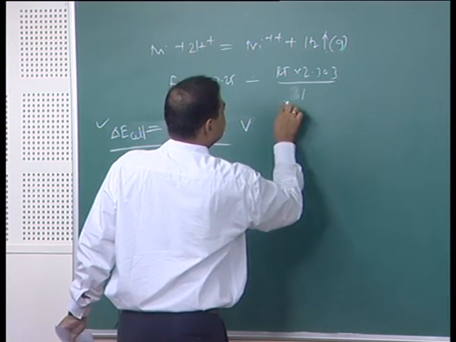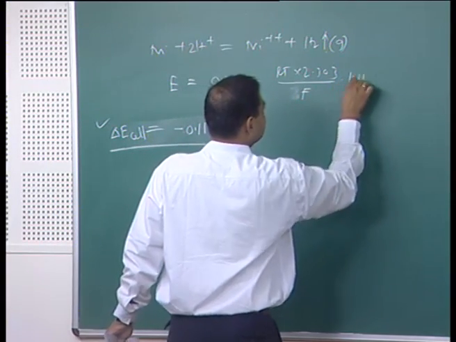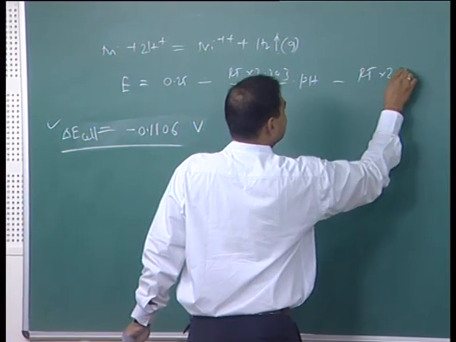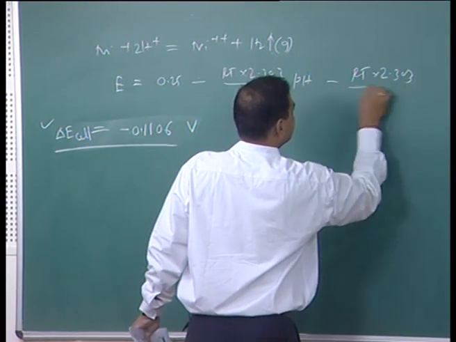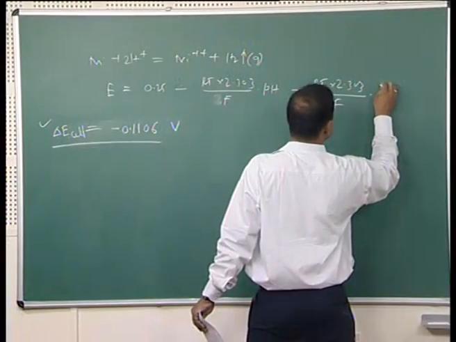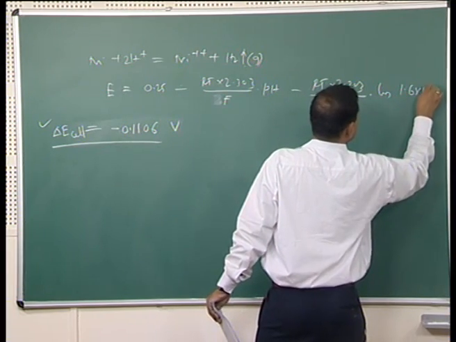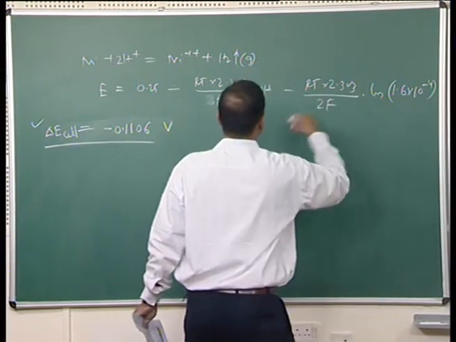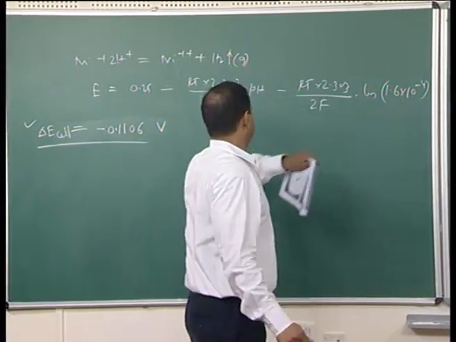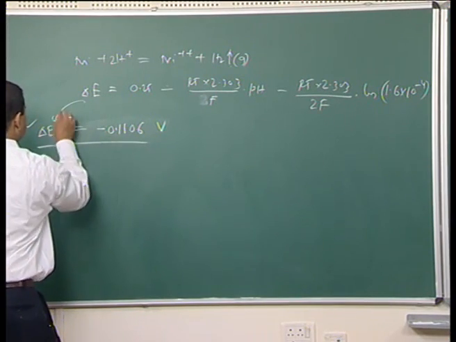So 2 will get cancelled, because we have 2F into pH, minus RT into 2.303 by 2F into log of 1.6 into 10 to the power minus 4. Since the nickel ion concentration we have found out is this value, this much unit. So from this we can find out this is del E.